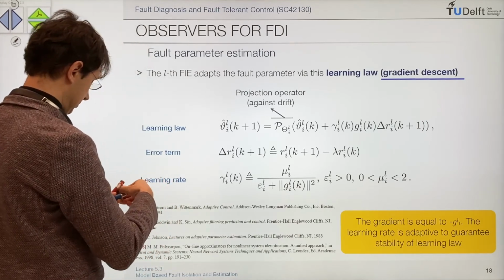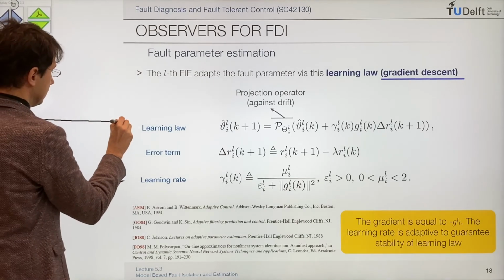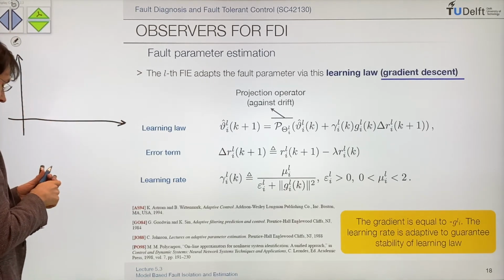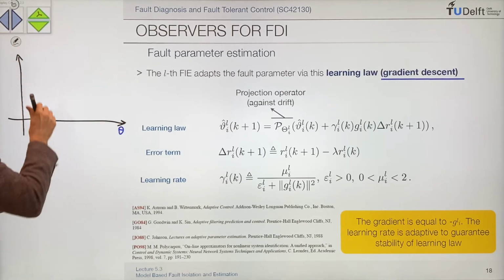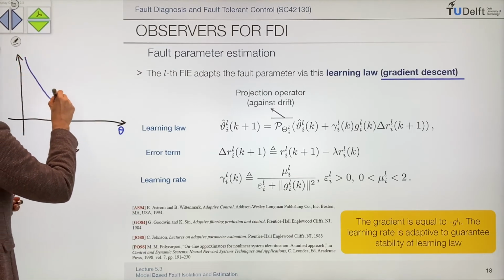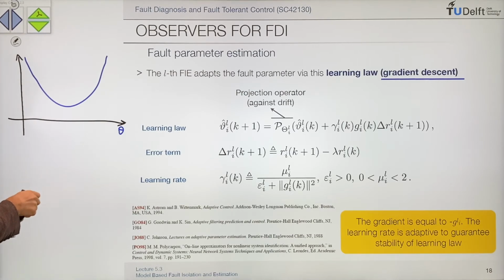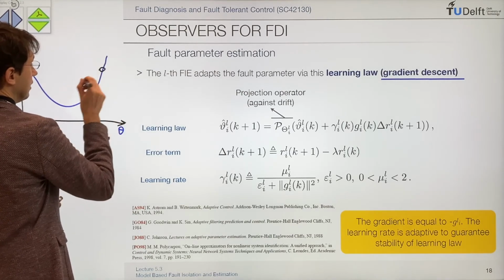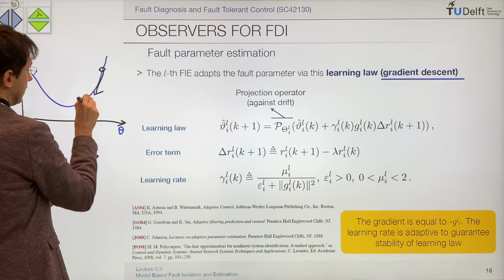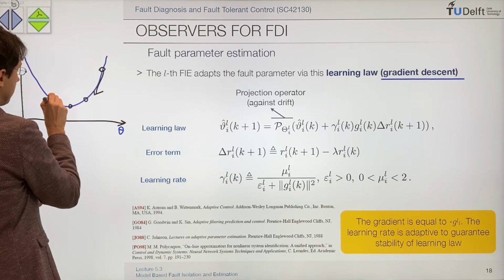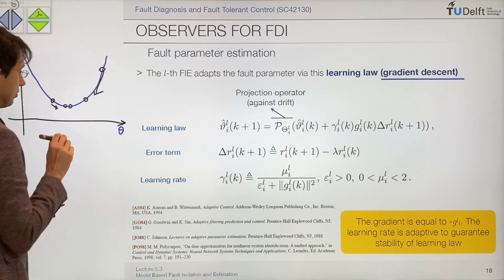You probably have already seen that. If you have a parameter theta to learn, and if you have some goal function of that, and this is nice and convex, then a way to learn theta is to start from an estimate and move in the direction in which the gradient is getting smaller. So you get here and here and here. Maybe you overshoot, then you go in the other direction, and you converge here at the minimum.